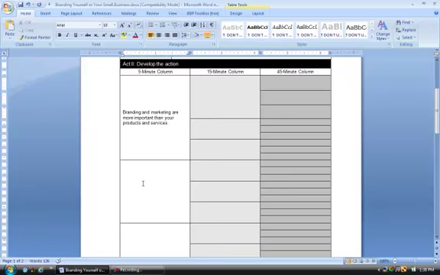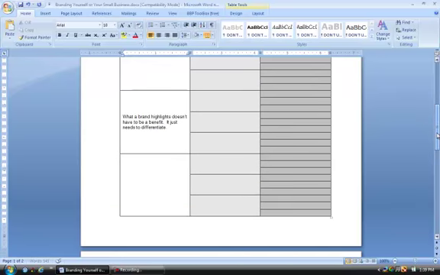The second point, what a brand highlights doesn't have to be a benefit, it just needs to differentiate. And the final point is... So those are the 3 important things I want my audience to remember from this presentation.